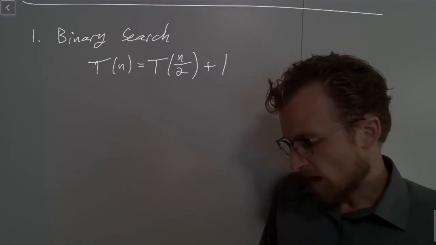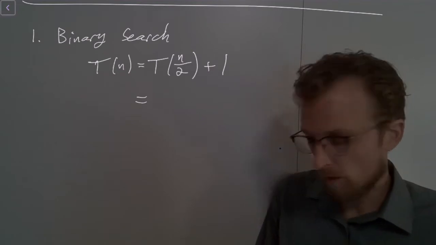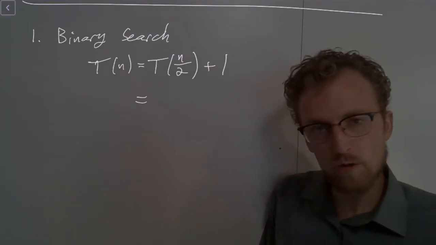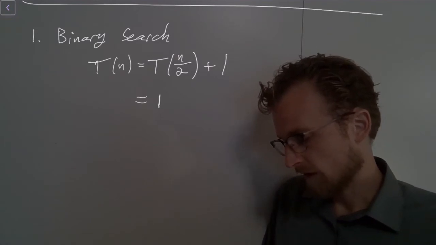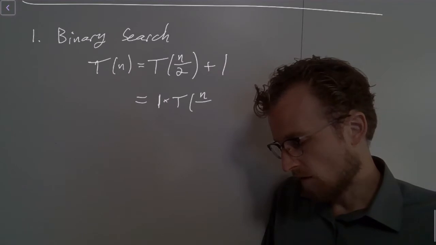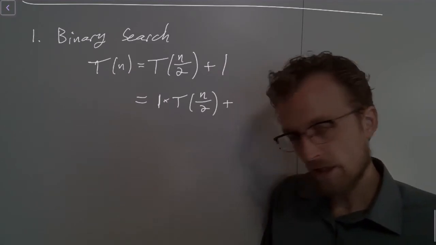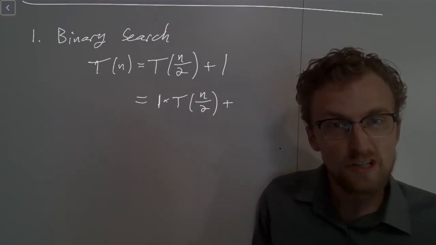So we can rewrite this in terms of the master theorem recurrence relation. The master theorem recurrence relation has a coefficient in front of the T. What's that coefficient? Well, it's just 1. So it's 1 times T of n over 2 plus, and then we need to write 1 as a function of n.